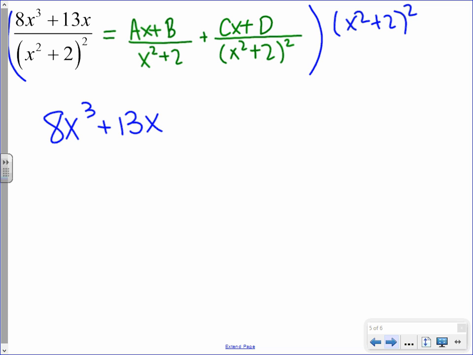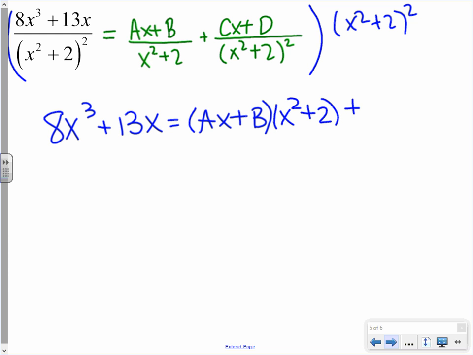So we have 8x cubed plus 13x equals, remember to put ax plus b in parentheses. Only one of the x squared plus 2's cancel, so there's still one left over.